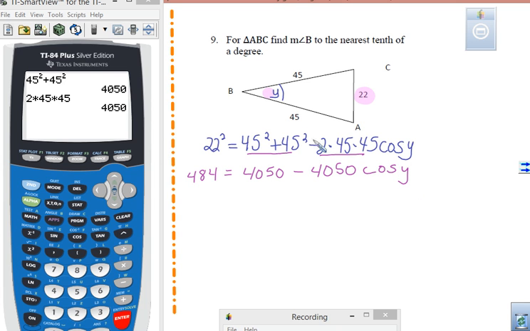And notice that both of those purple things are 4,050. Then I'm going to subtract the first one.